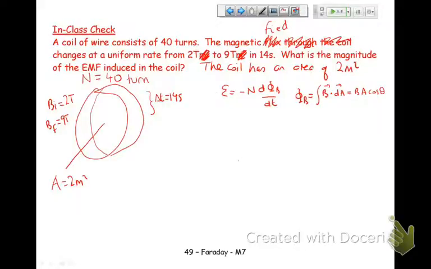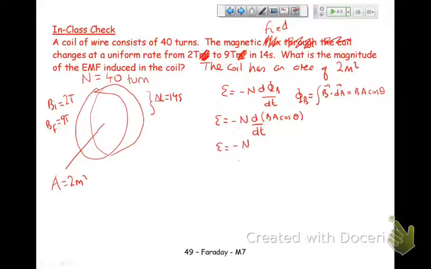So then my EMF is equal to minus N d by dt of B A cosine of the angle. The next thing I need to do is take out all the constant things. My integral went away somehow. Then I need to take out all my constant things to the front.